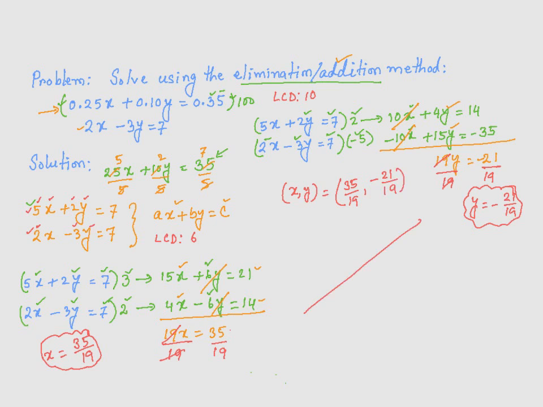Physically it means, this is a sketch again, let me emphasize that fact. We are finding the coordinate of this point of intersection. So this x and y coordinate is representing the point of intersection, the point that overlaps, or that is common between this straight line and this straight line.